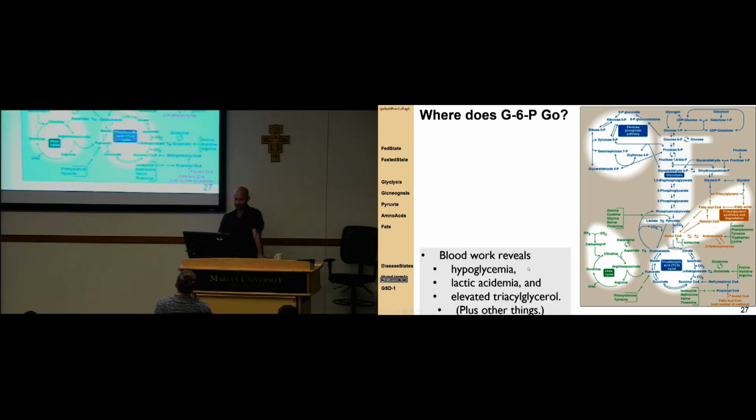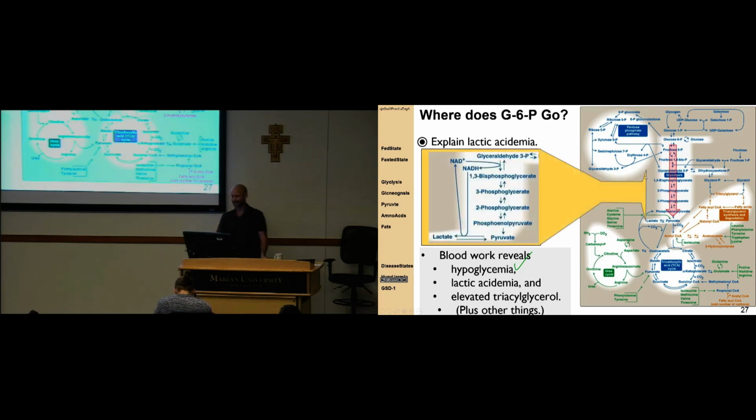Okay, so hypoglycemia, we've got check. How about lactic acidemia, right? Can anyone potentially see that? Actually, it's all shown on your slide, isn't it? I think it is. Right. So, boom. As you build up glucose 6-phosphate, I don't even have to draw. The arrow's there for me.